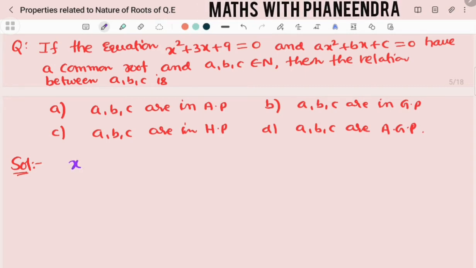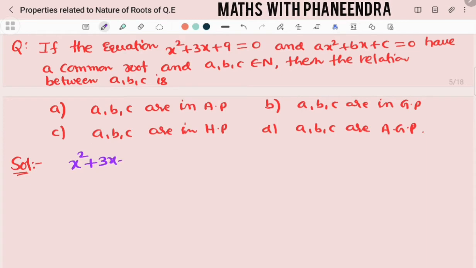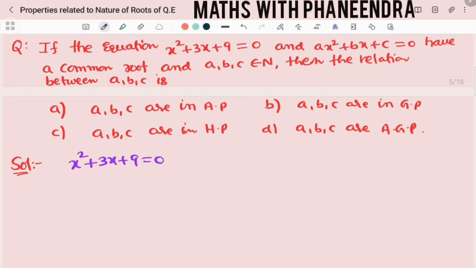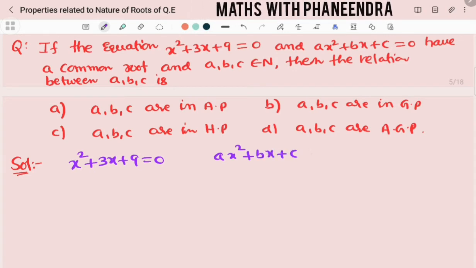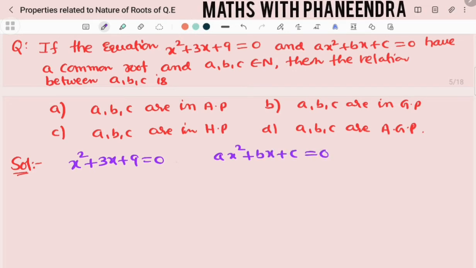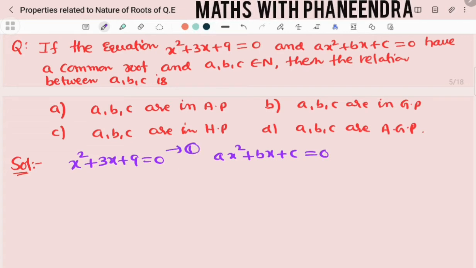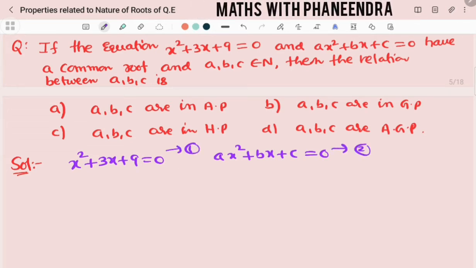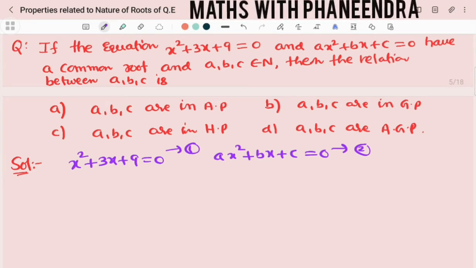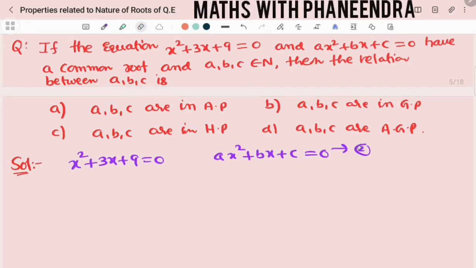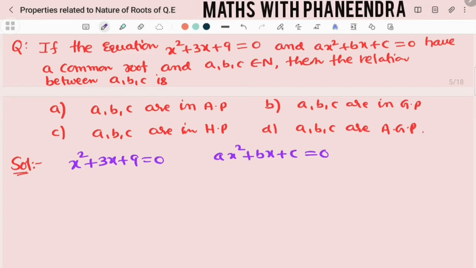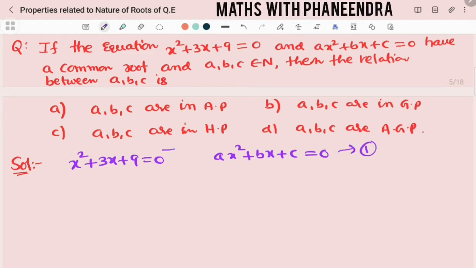See here, x square plus 3x plus 9 equal to 0, and another quadratic equation is ax square plus bx plus c equal to 0. First quadratic equation, second quadratic equation, you can write as equation 1 and this is equation number 2.